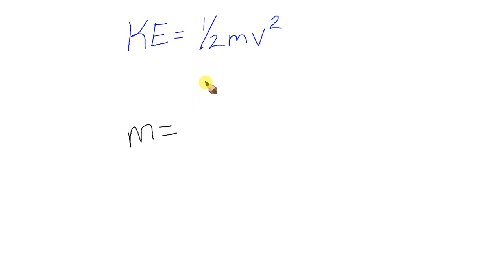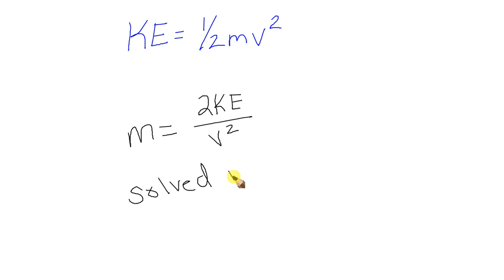Or you can just write down in your notes that kinetic energy solved for mass has the formula 2KE divided by velocity squared. So this is the equation solved for mass. Make sure to write this down in your notes in that box. And when we do some kinetic energy problems later, you're going to be all set to go.